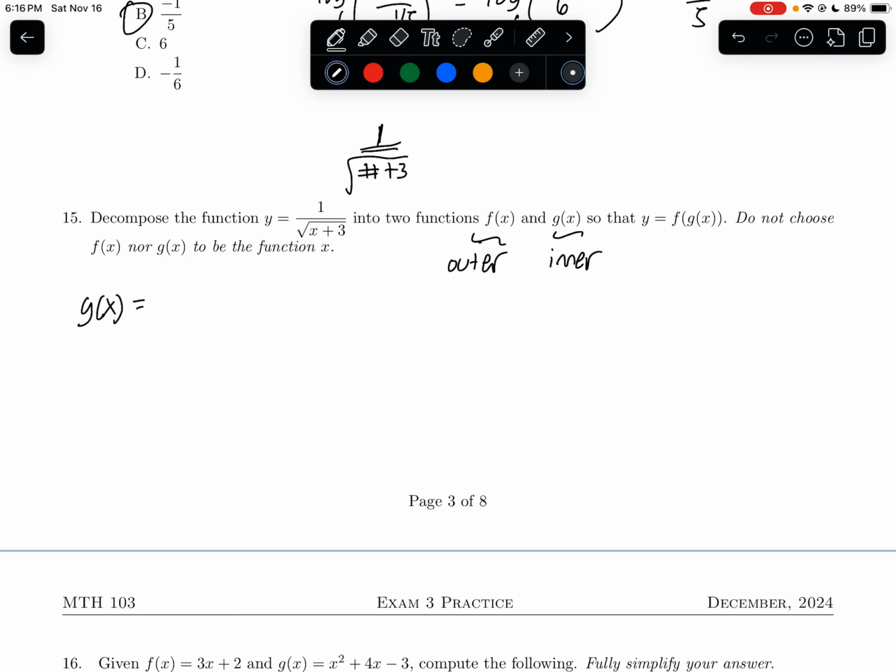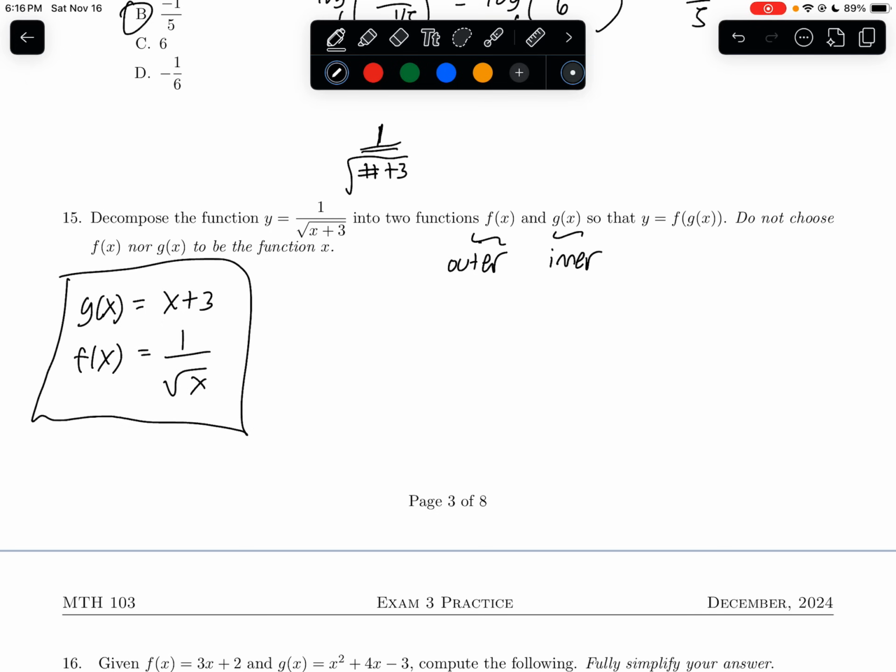And so one option that we could take here is to just go through those steps. The first thing I did was add 3 to the number. I can choose that to be the inside function, and if I do, the other step I have to do to get to the whole thing is to do 1 over the square root of that. And so this is one pair that would work.